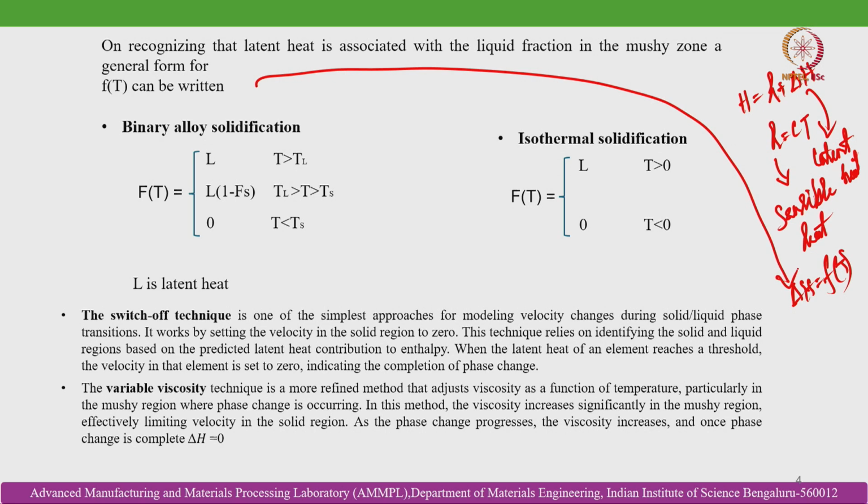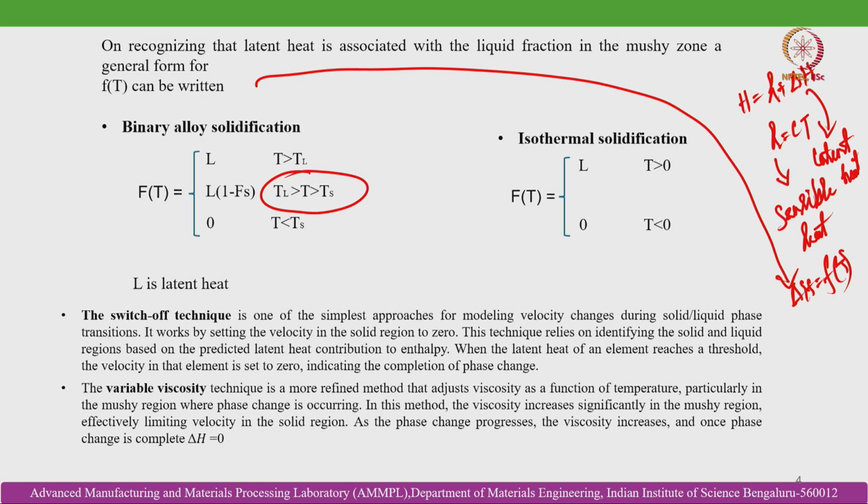Here Ft is equal to capital L, that is, the liquid fraction becomes equal to capital L when the temperature of the solidifying liquid is well above the liquidus temperature in the case of an alloy. Then when the temperature lies in between the liquidus and solidus temperature, what is the condition? TL is greater than T, and T is greater than Ts, so somewhere in between.